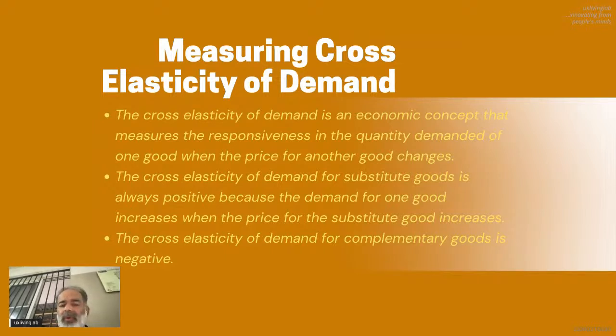For substitute products, it is always positive because demand for one good increases when the price of the substitute good increases. For example, if the price of coffee increases, the quantity demanded for tea increases as consumers switch to a less expensive substitute alternative. That reflects the cross elasticity of demand formula.